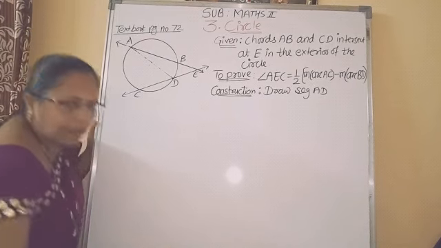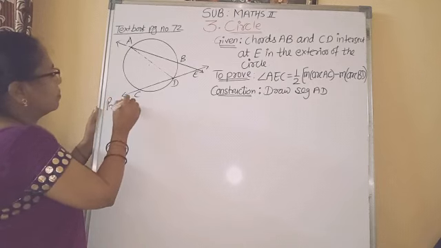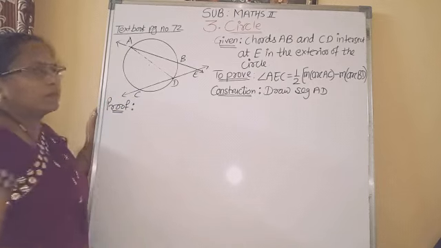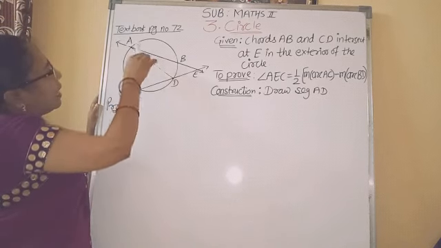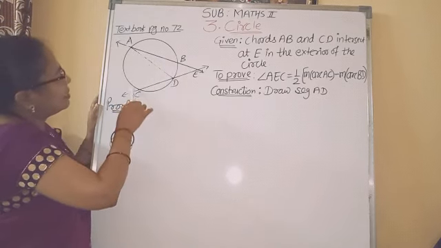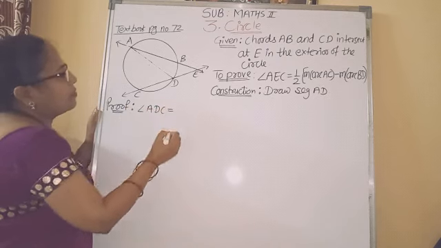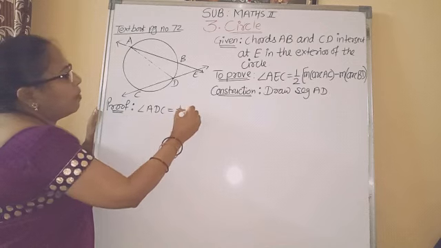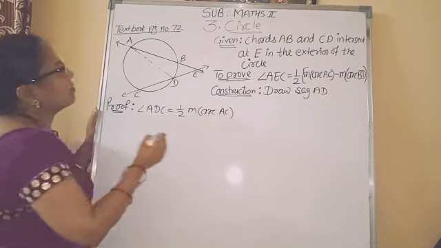So let us start with the proof. We will take now first inscribed angle ADC. So angle ADC is equal to half of measure of arc AC.